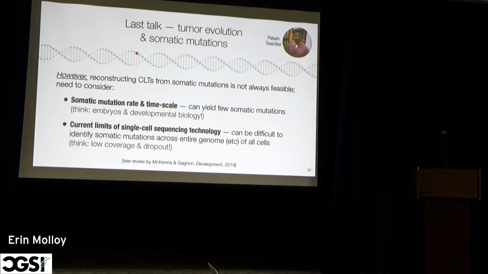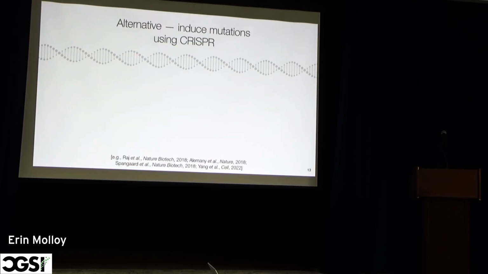And then, of course, Palash also already mentioned that single cell sequencing technologies do have limits. The data can be very sparse, and it can be difficult to gather somatic mutations across the whole genome. Okay, so there's a number of challenges to gathering data to reconstruct cell lineage trees.